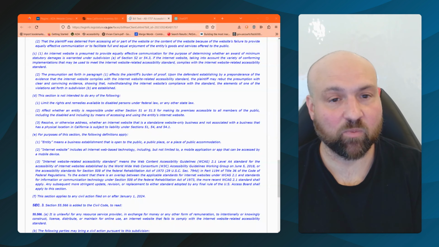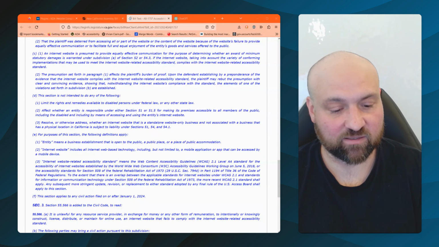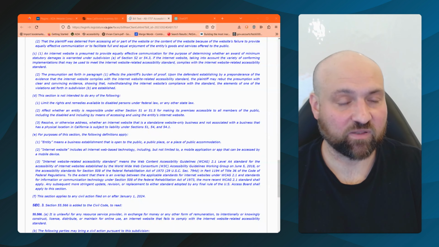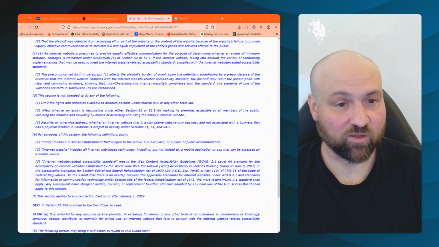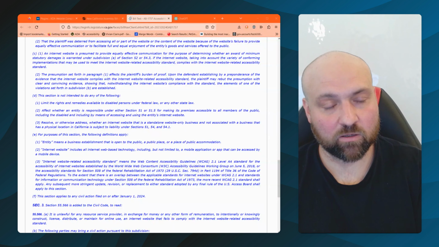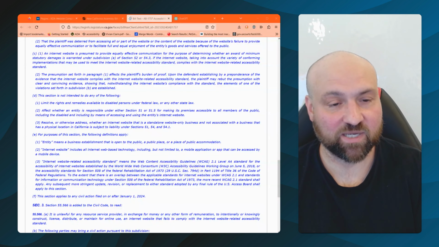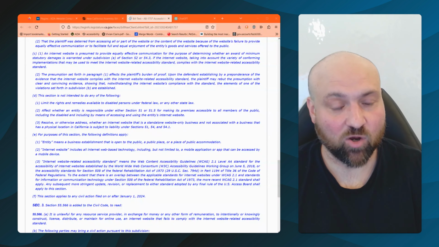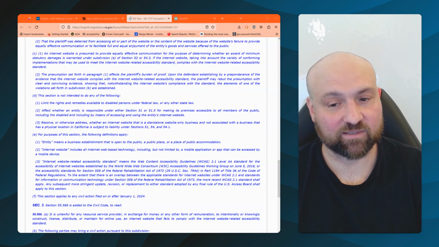And you have to keep in mind that while this is a state bill in California, it would effectively apply across the US and presumably even internationally, because this applies to all businesses that can be accessed from California. And as this applies to websites and mobile apps, those websites and mobile apps can be accessed from anywhere. And so obviously, this is open to all websites and apps that can be accessed in California.